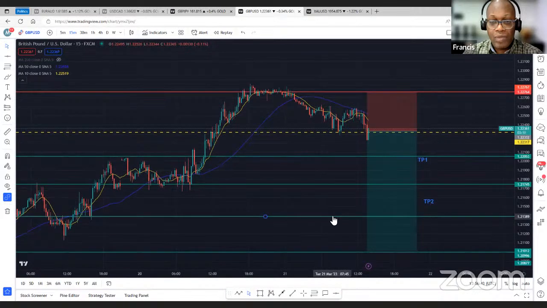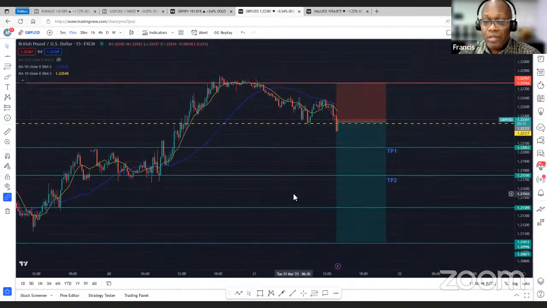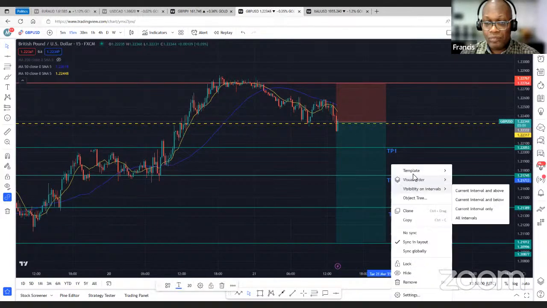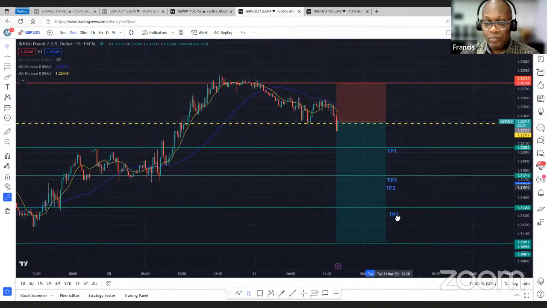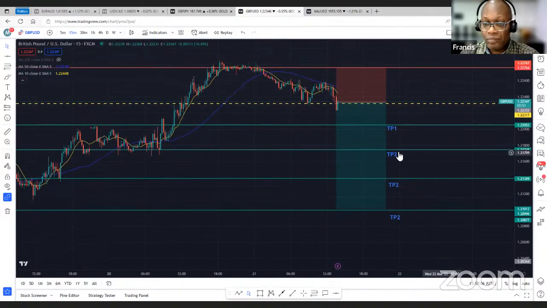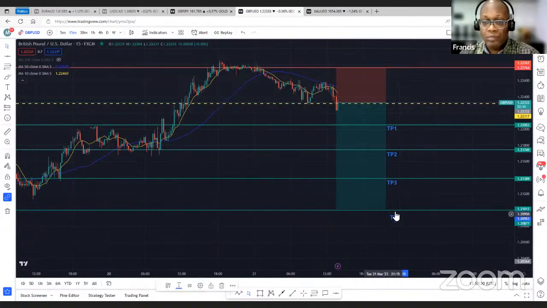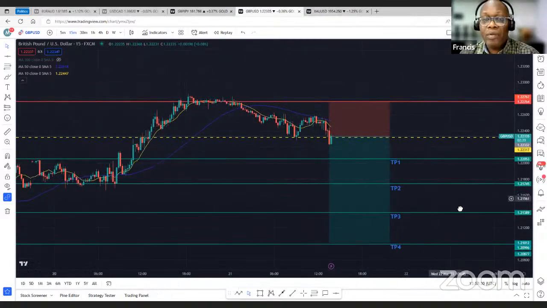Okay, so that's TP1, TP2. So we're looking for at least TP4, well, potential TP4. Okay, so this is pound USD.